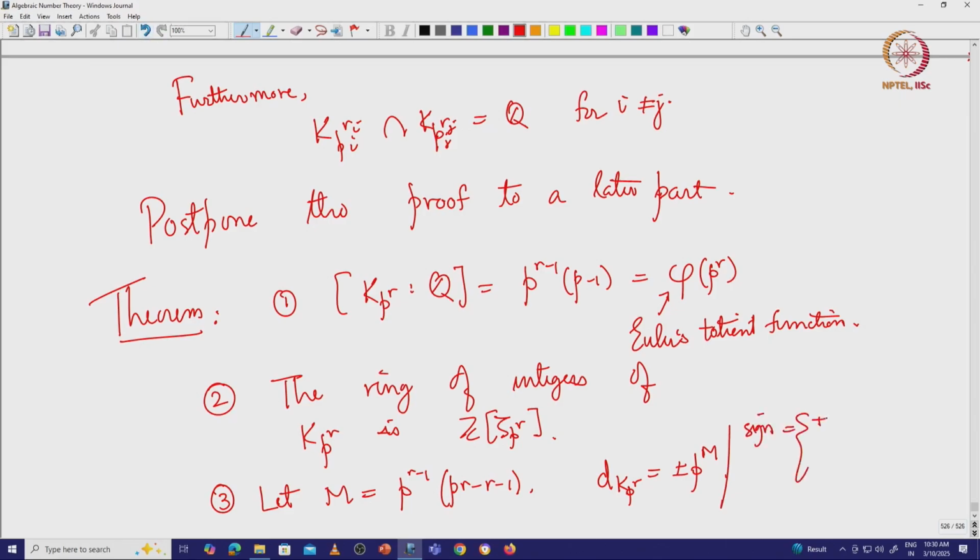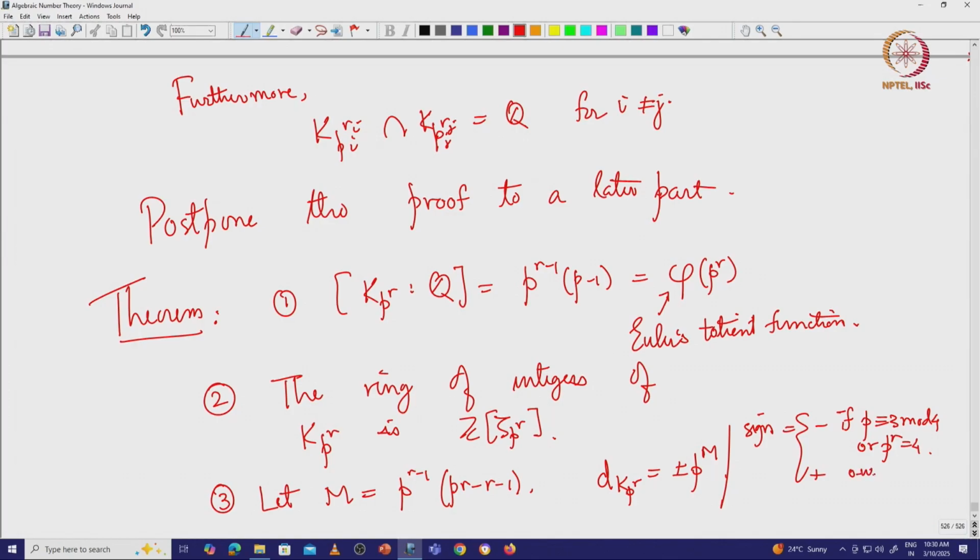The sign is minus if p is congruent to 3 mod 4, or p^r is equal to 4, and it is plus otherwise.